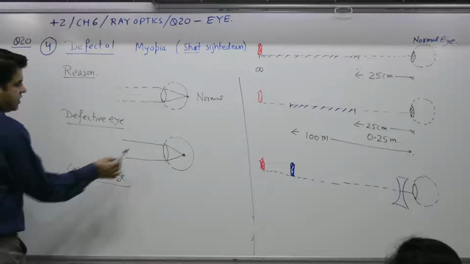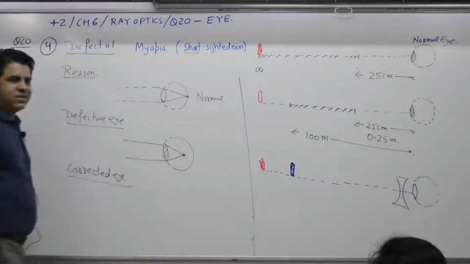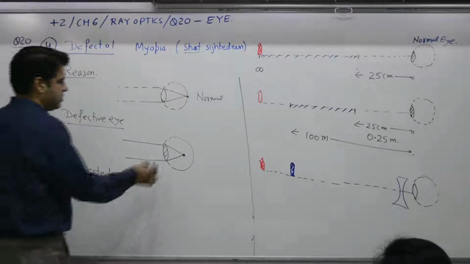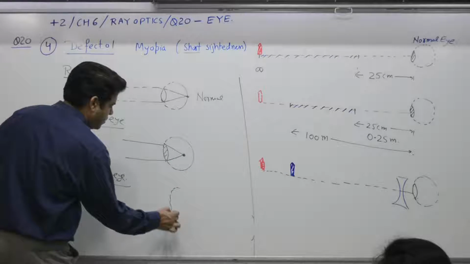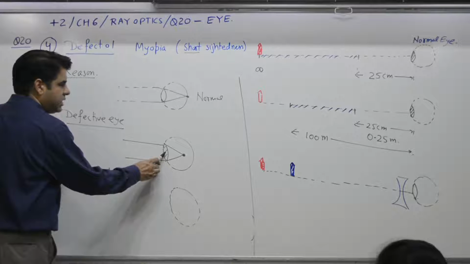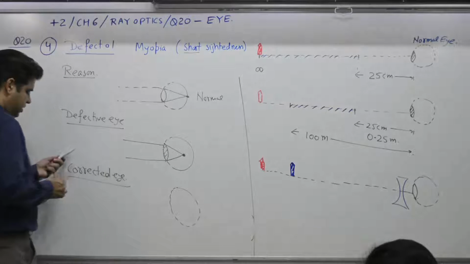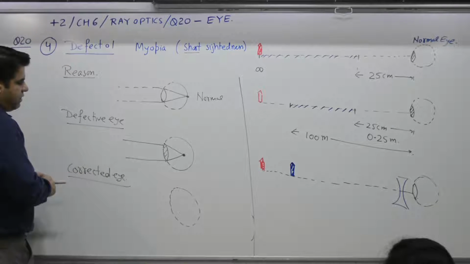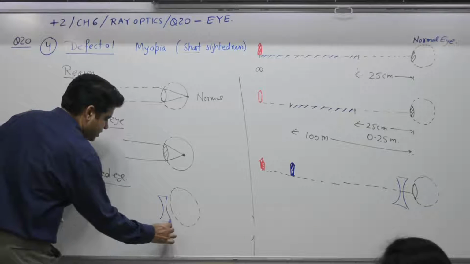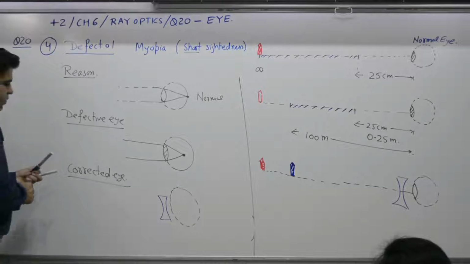Technically you can say this lens becomes more powerful. Focal length decreases means power increases. So now what you need to do is you want to decrease its power. It is converging lens. You will have to place a diverging lens. And what is the effect?